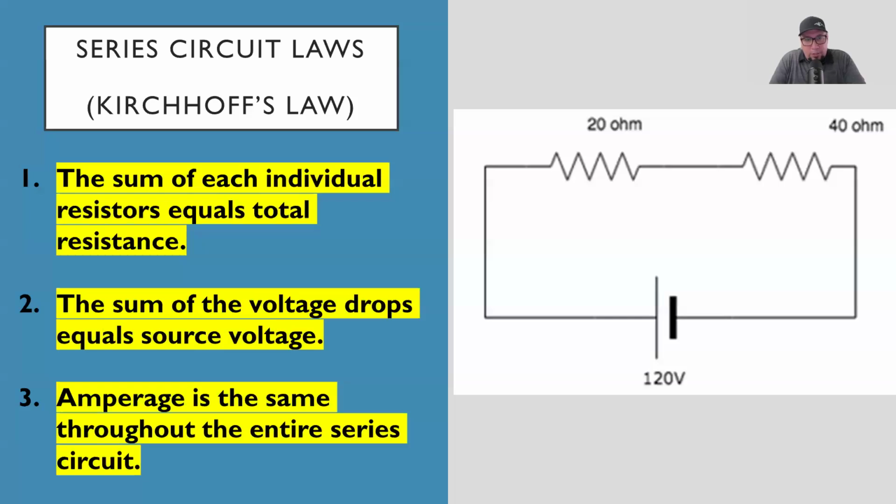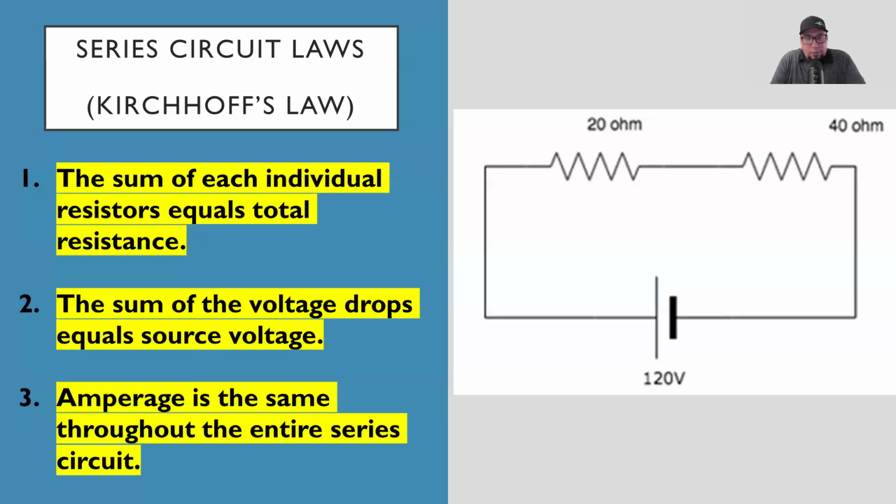What we want to understand is that regardless of how much voltage is taken by each resistor, it has to add up to 120. So if the 20 ohm resistor took, say, 60 volts, the 40 ohm resistor has to take 60 as well, because 60 plus 60 is 120.